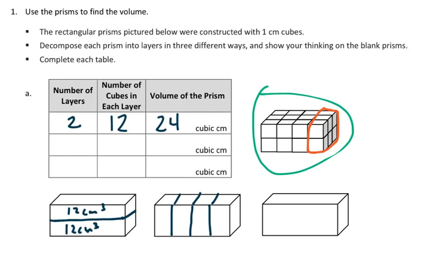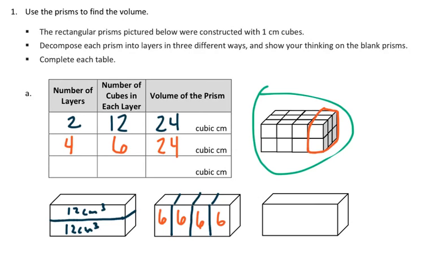And I can see them all, so I can see that there's 6 cubes there. So let's go ahead with this one. I have 4 layers, okay, and there's 6 cubes in each layer, and that would be 6, 6, 6, 6, which would give me a volume of 24 cubic centimeters.